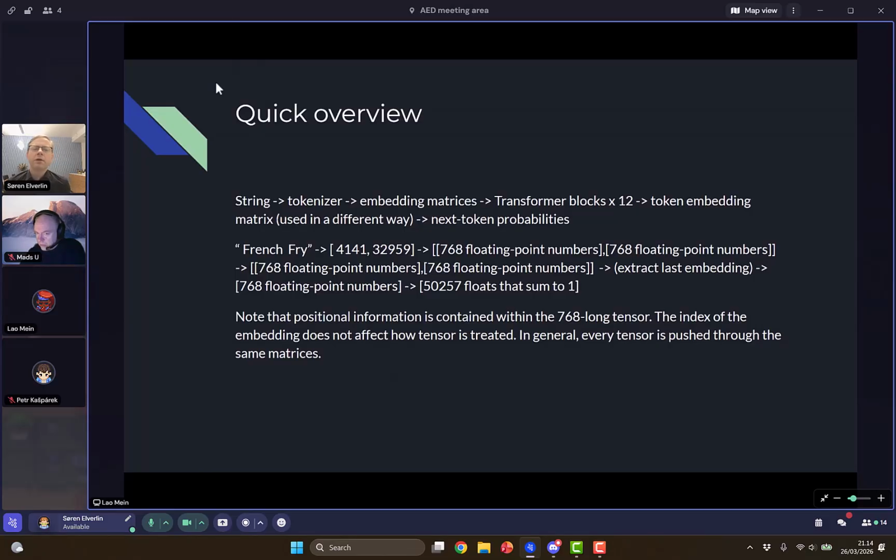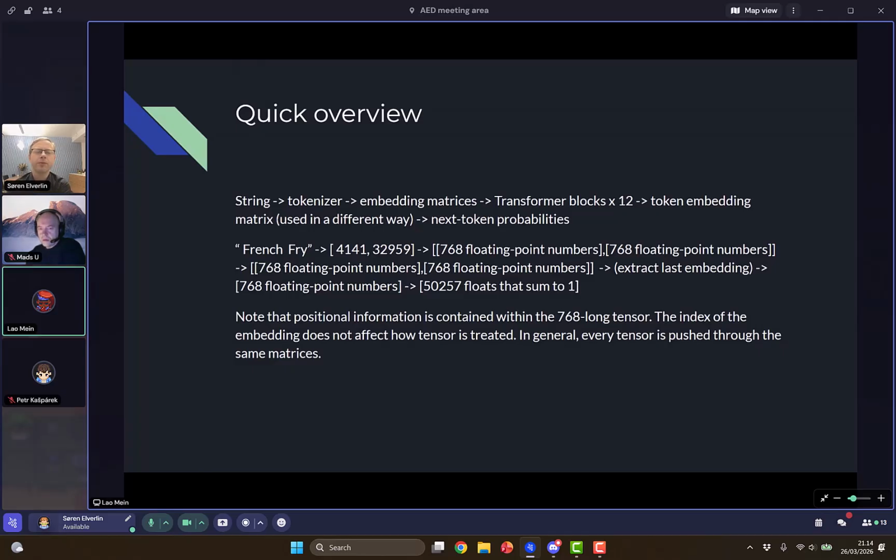Okay. Anyways, so you take each token, and then you look up a token embedding. So the word French is converted to 4141, and then you look up that particular row in the embedding matrix, and you add that to the positional embedding, which is based on which index it's on. Those two vectors added together become the final embedding for that particular token.